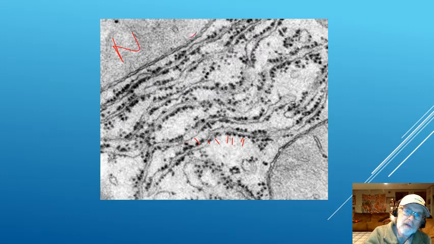You can see this double-layered nuclear membrane that's right there. So that's the nucleus, a double-layered nuclear membrane, and we see all these little dots all over the place. That's called rough endoplasmic reticulum. Okay, so that's the site of protein synthesis. Ribosomes, the site of protein synthesis, where protein is made inside the cell.